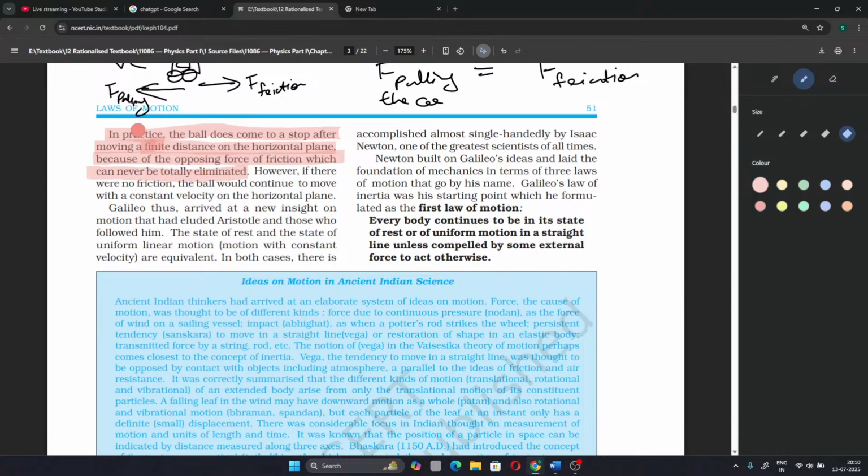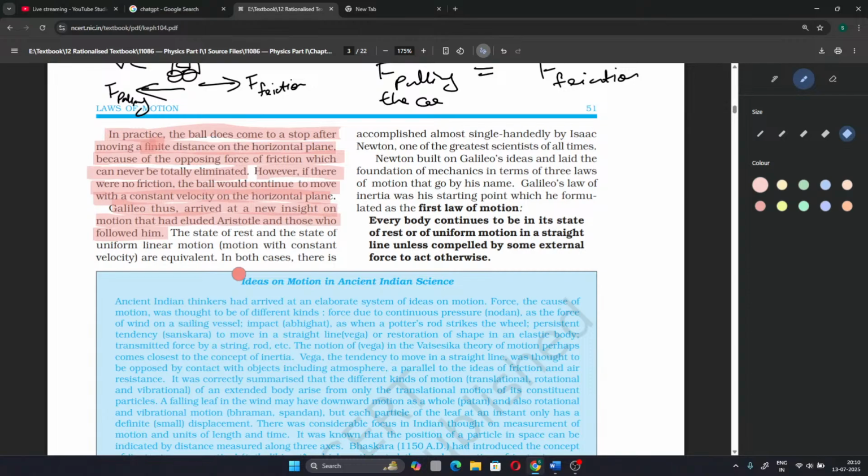However, if there were no friction, the ball would continue to move with a constant velocity on the horizontal plane. Galileo thus arrived at the new insight on motion that had eluded Aristotle and those who followed him.